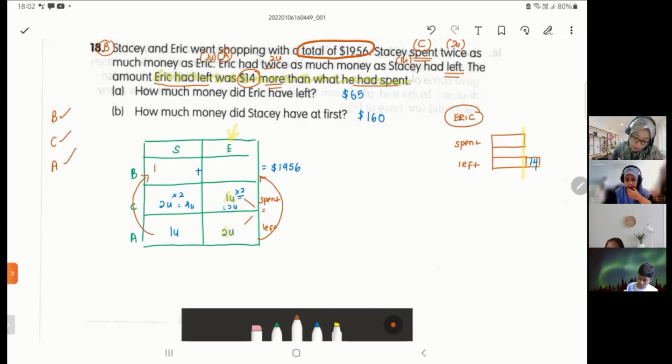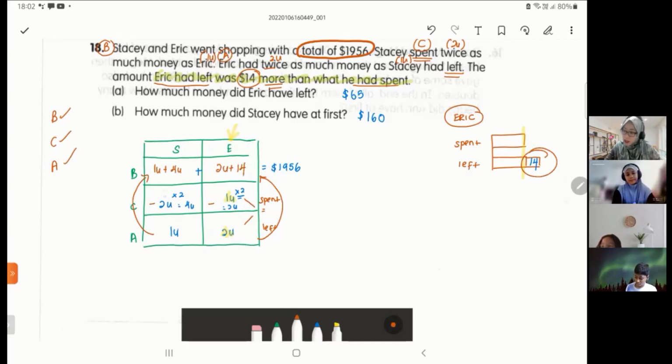The 1 unit bring up, and then the 4 units, this is spend, right? So this is minus. So when you bring up, it's plus 4 units, like that. This one, you bring up the 2 units, and then when I compare, it is actually $14 extra, remember? You must plus the 14.